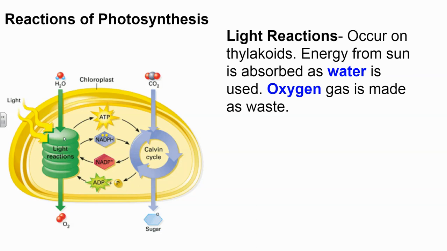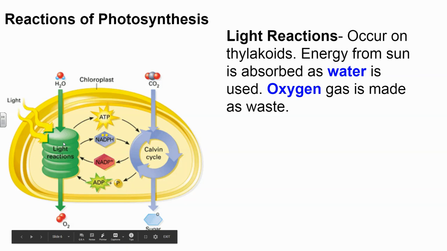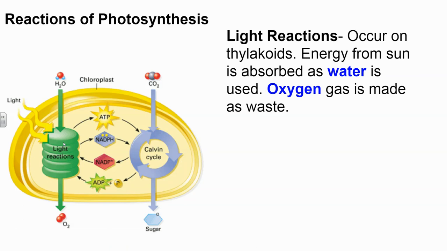Again, that is what gives the green color. At the same time that the energy is being absorbed, water is used in this process to help become an energy carrier. The end result of that is the oxygen that we have as waste. So we get oxygen out, water in, as we absorb energy from the sun.